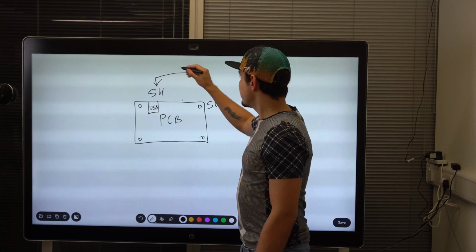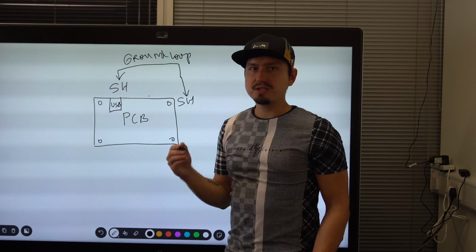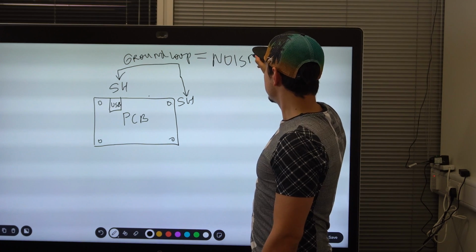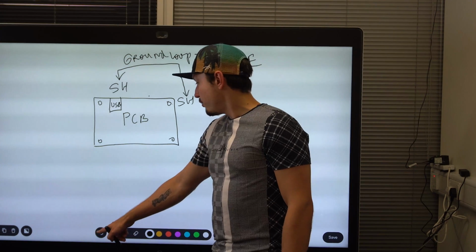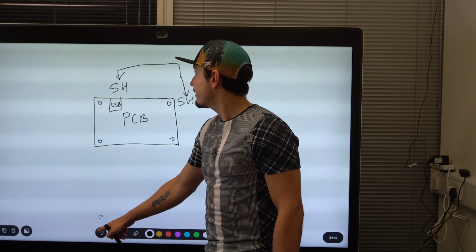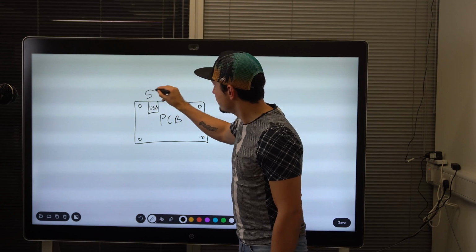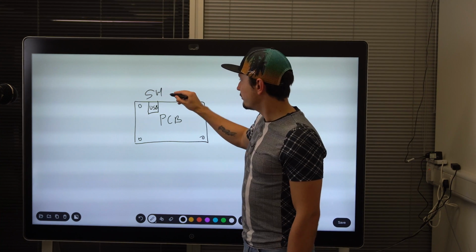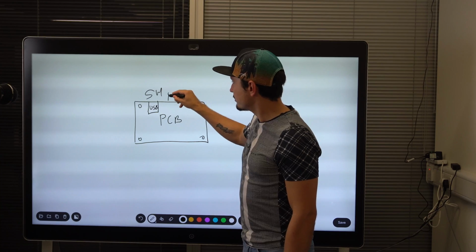So this is a ground loop, and this can create noise. Anyway, so we do not have this connection, and the only connection we've got is this one. So this is our shielding point. This is where we make direct connection to the shield.